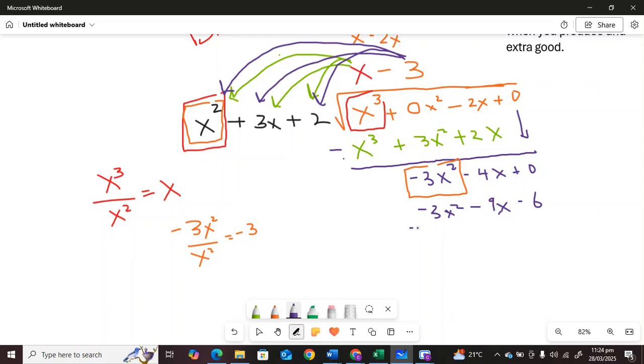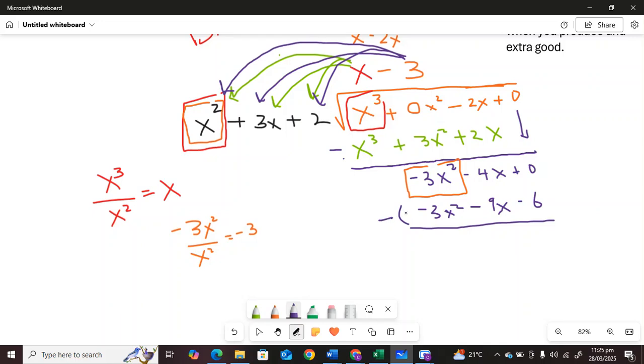Next thing we need to do, we need to subtract. So as I said, this is the part where you have to be careful because of these negative signs. Negative 3x squared minus negative 3x squared. Remember, negative and negative make positive.